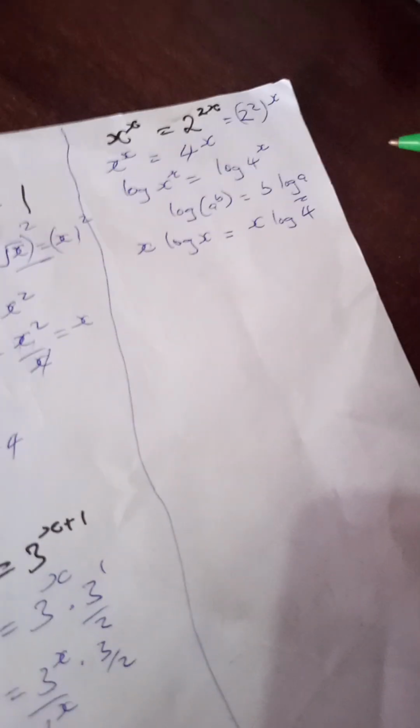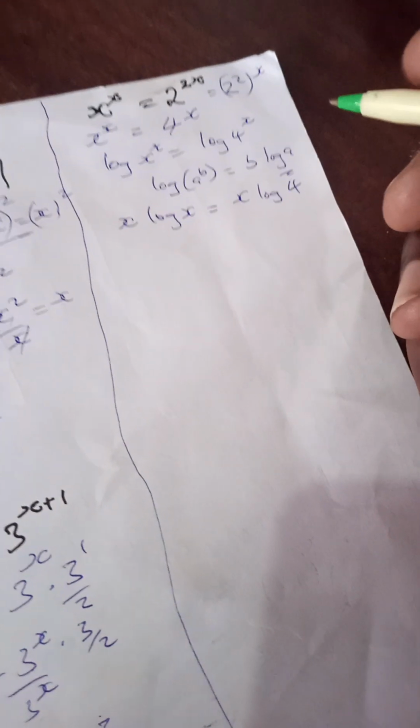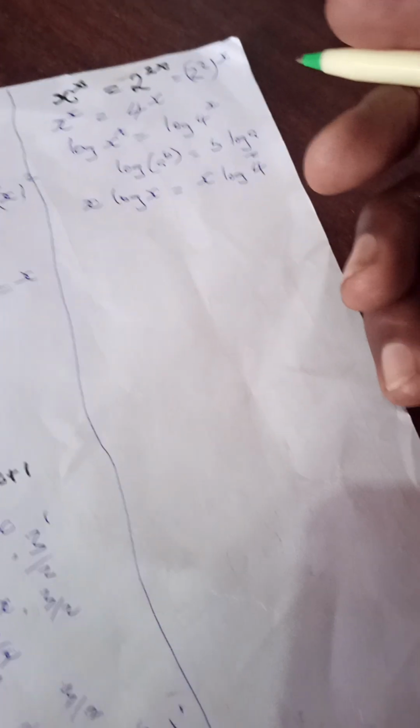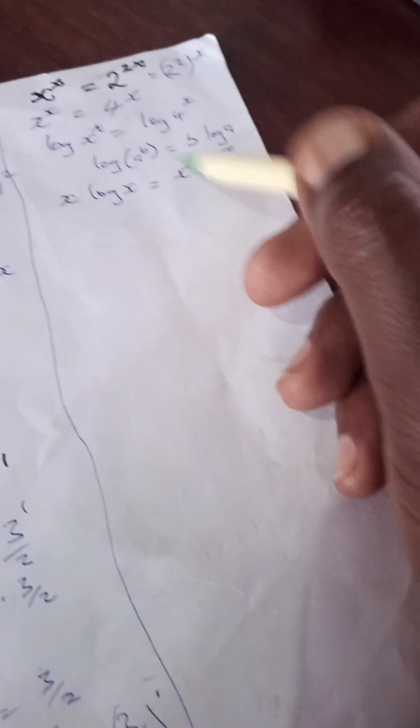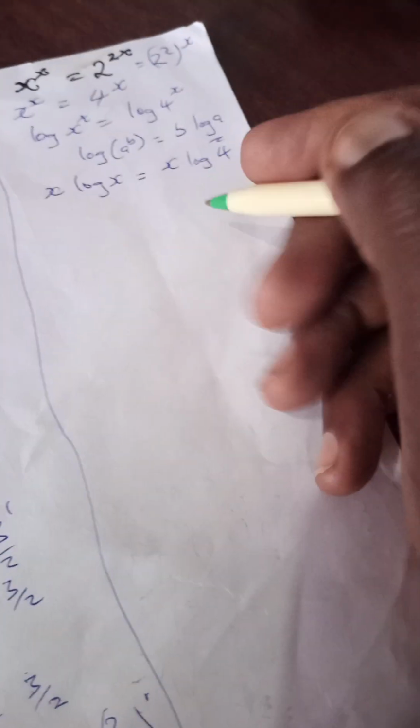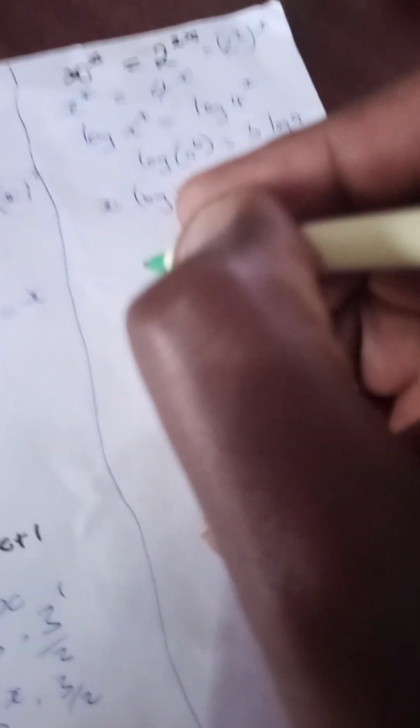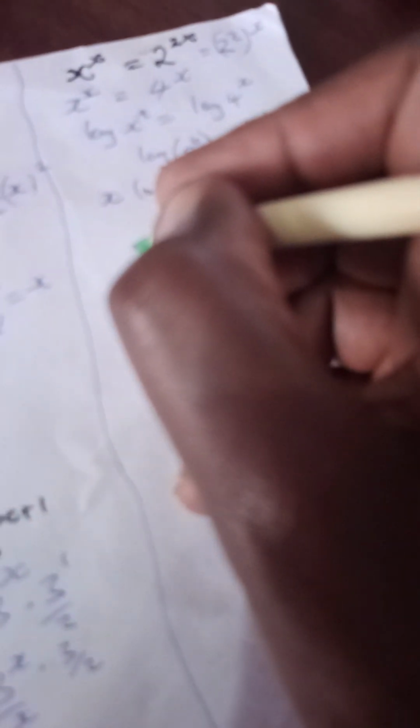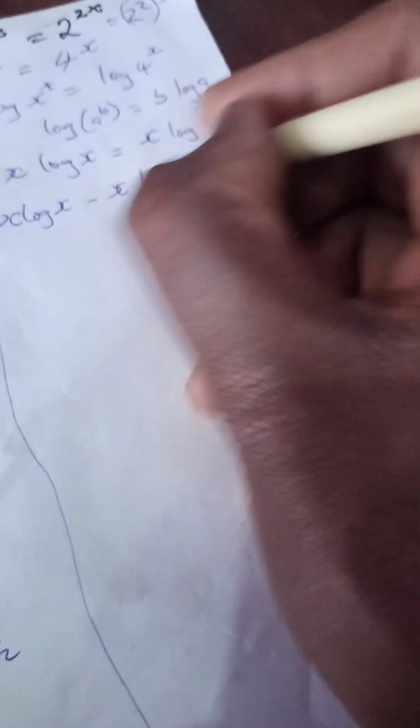Now having that, you put the right terms together. Now we have x log x minus x log 4 is equal to 0.